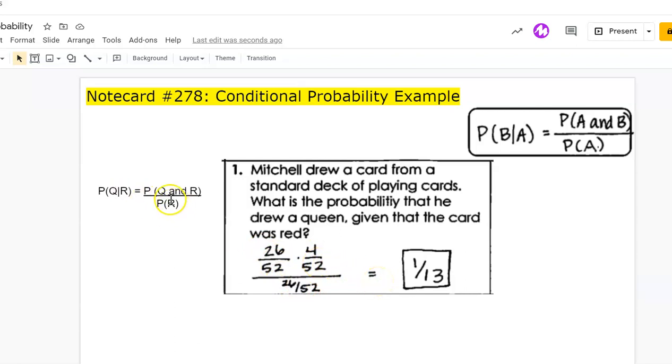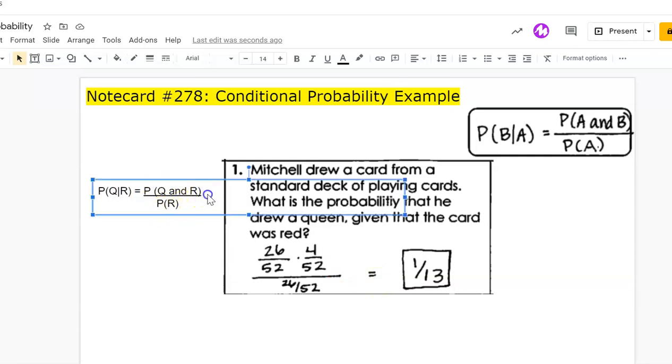But guys, let's think about it. What's the probability that you're doing this out of it being red, okay? So we know it's going to be over, there's only 26 reds, okay? And then how many queens are there in the reds? Well, there's a red heart and there's a red diamond.